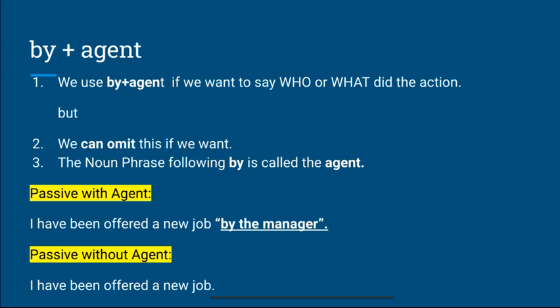Let's see some examples. Passive with agent: I have been offered a new job by the manager. So we know who did the action. In the second one, without the agent: I have been offered a new job. We omitted that information.